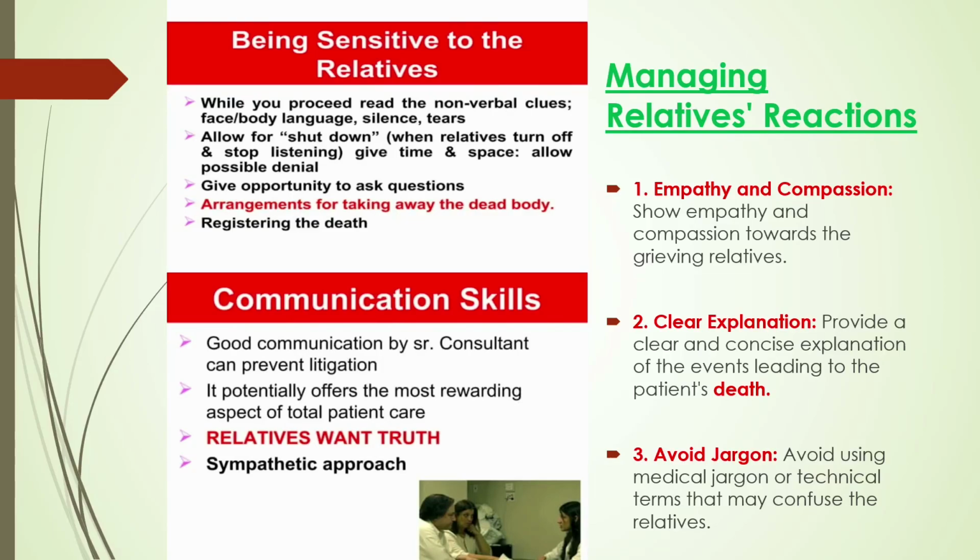You must be sensitive to the relatives. As you proceed, read the verbal and non-verbal clues from the patient's relatives: face and body language, silence, tears. If they stop listening to you, you also stop, give them time, and again give them the opportunity to ask questions. Make arrangements for taking away the body and registering the death.